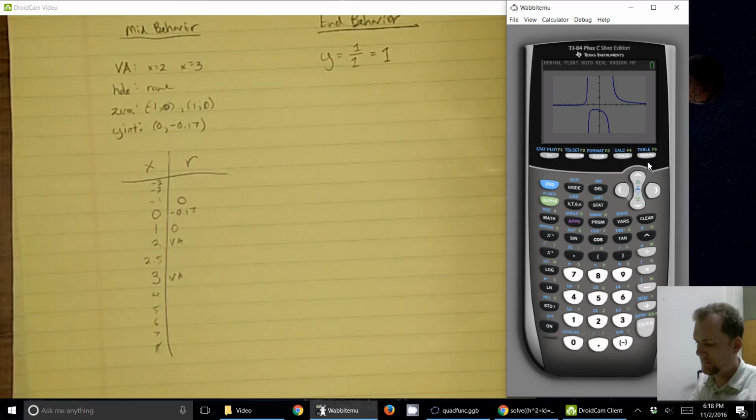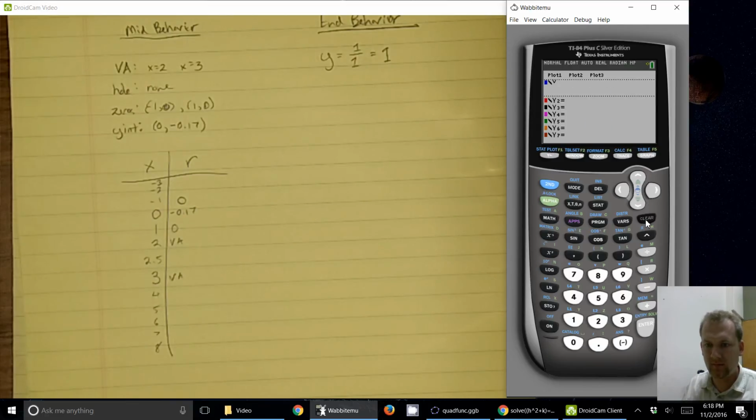All right. So now we'll go to our calculator to get these. We'll remove this stuff and put that in. X squared minus 1 over x squared minus 5x plus 6.